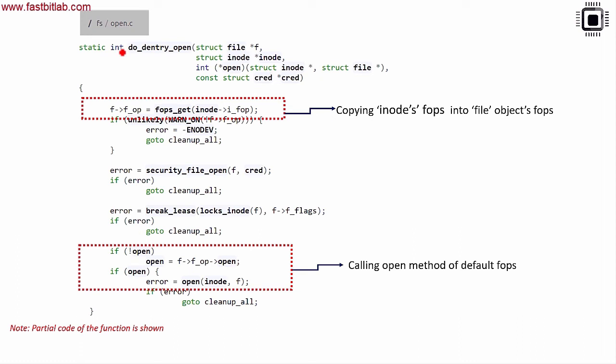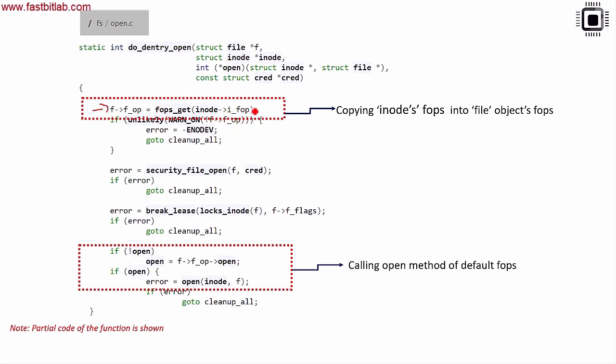Here it is. So this function you can find in fs/open.c, and here it is. This is a newly created file object pointer. And take a look here at what happens. The struct file also has a file operation variable, a pointer variable. That gets initialized here.